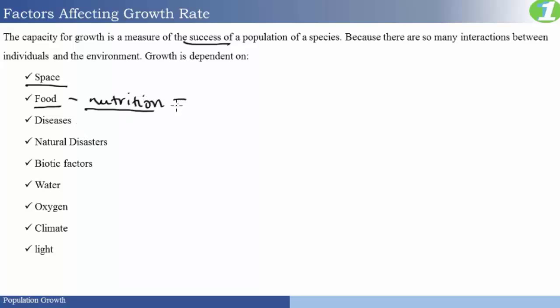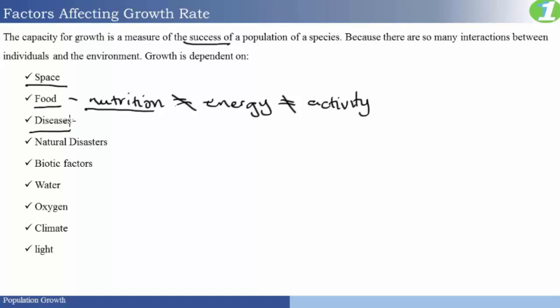So if we're not getting food, then we won't have energy. And if we don't have energy, then we don't have any energy to do any kind of activity that includes running to escape a predator, the beating of a heart if you have a heart, sleeping, thinking, moving of any sort. All of that requires energy. So food is very important.